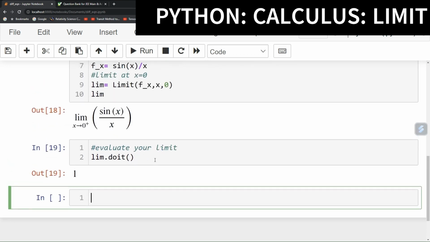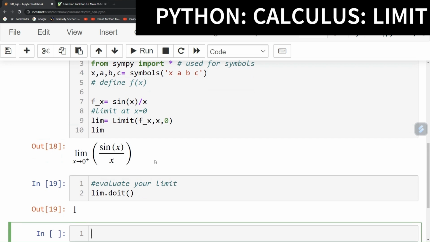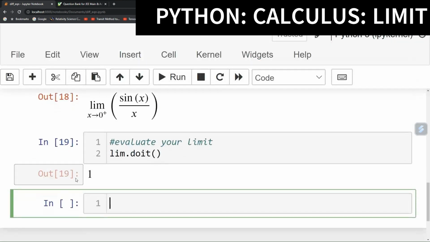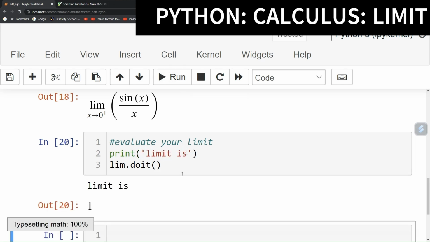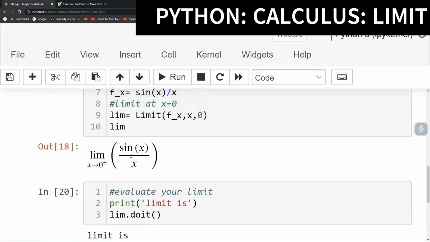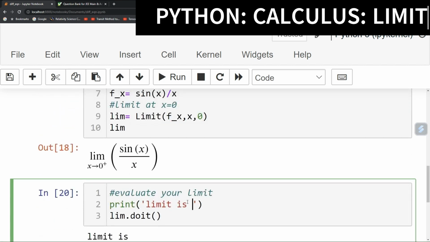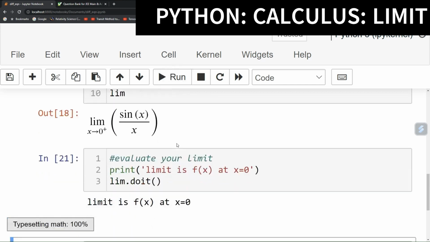So you can see that sin x by x gives your value equal to 1. Then you can print the limit is 1 for this function, the limit of f of x as x equal to 0. This way you can do it.